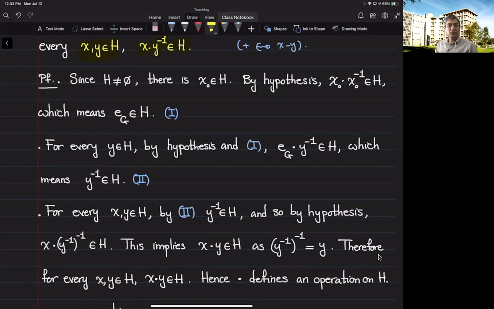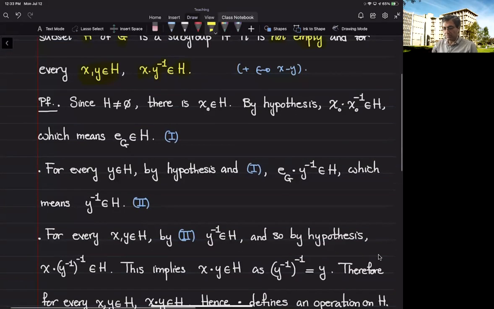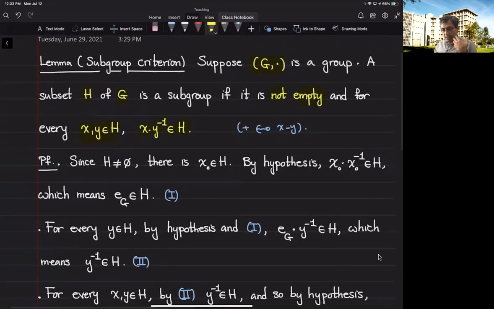To show this, we start with showing that the inverse of every element inside H is still inside H. In fact, before this, we show that the neutral element is inside H. So this argument shows even more about sets that have the property that x dot y inverse is inside H.